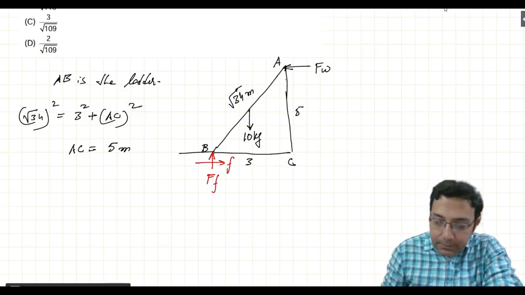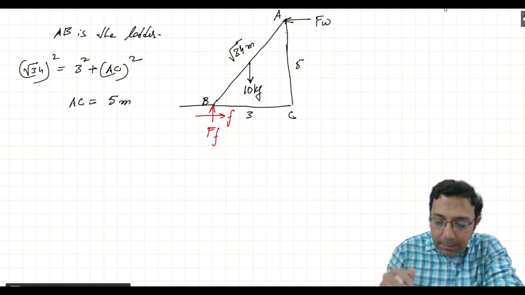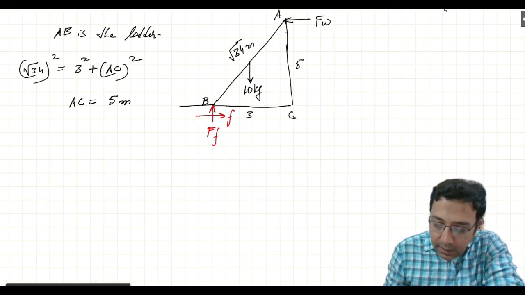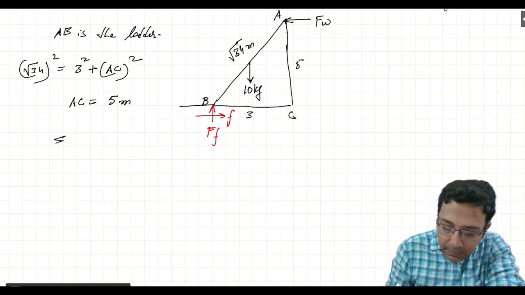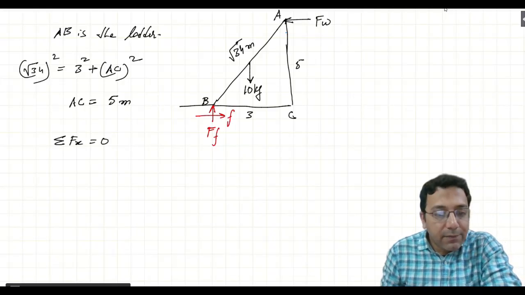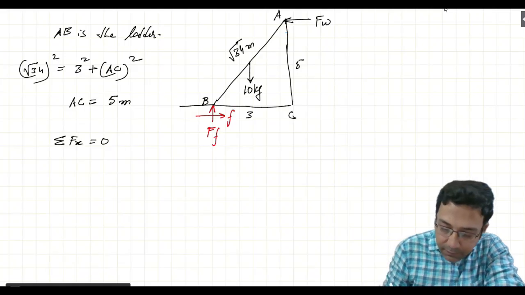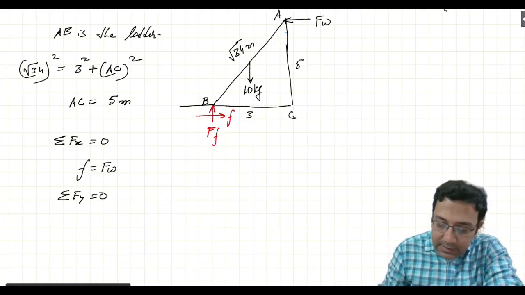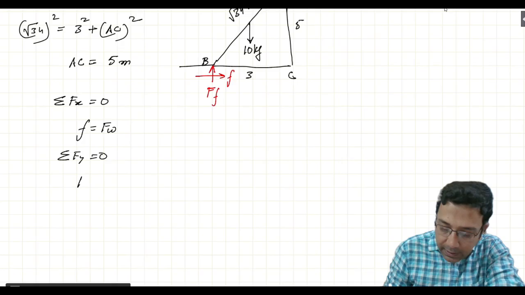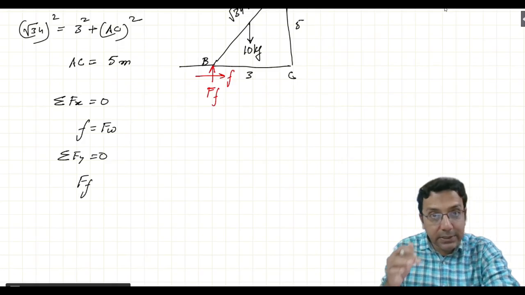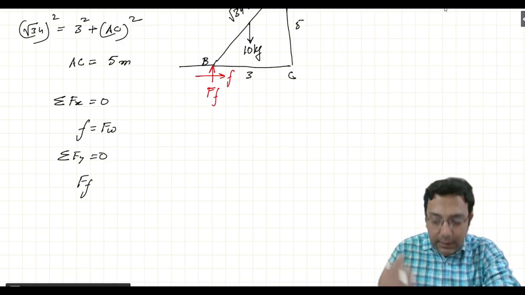Now I'll just apply initially some basic things like sigma Fx equal to 0. Then we can find that small f is FW. And sigma Fy equal to 0. In this case, we can find that FF is the reaction force from the floor to the ladder.